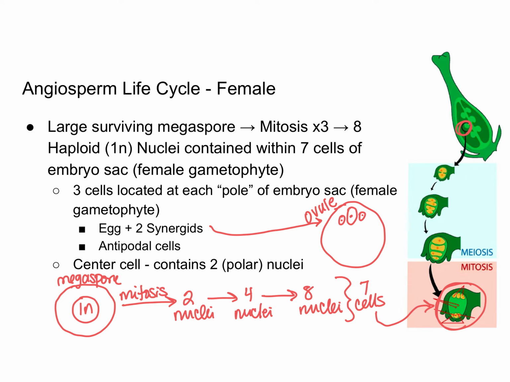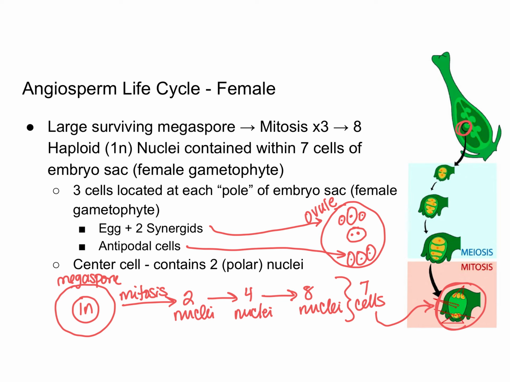At the other end of the ovule, you're going to have antipodal cells, and you're going to have 3 of those, each with their own nucleus. And then in the middle of the ovule, you're going to have 1 cell, and that center cell is going to have 2 nuclei in it.